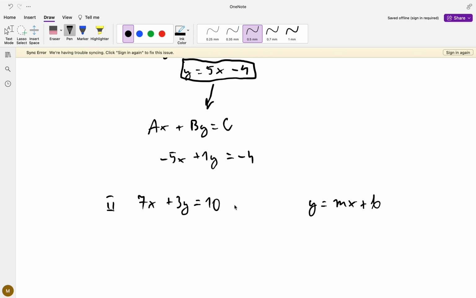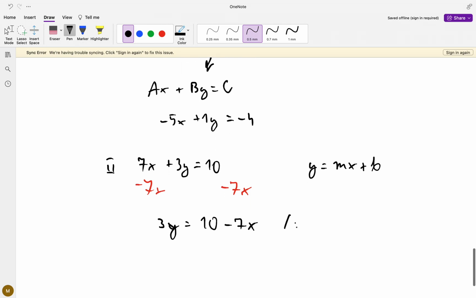Okay, so the first step we have to take is to subtract 7x from both sides. So we are going to have 3y equal to 10 minus 7x. Now let's divide both sides by 3 so we can have y on its own. That's 10 divided by 3 minus 7x divided by 3.